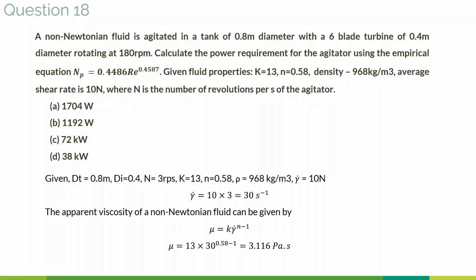So now that you have the viscosity of the fluid, you can calculate the Reynolds number, and from the Reynolds number, you can calculate the NP or the power number. Now that you have the power number, it is very similar to the previous question. You just calculate the power requirement. So first we'll calculate the Reynolds number, which is equal to rho Ni di square by mu. We have all the variables required.